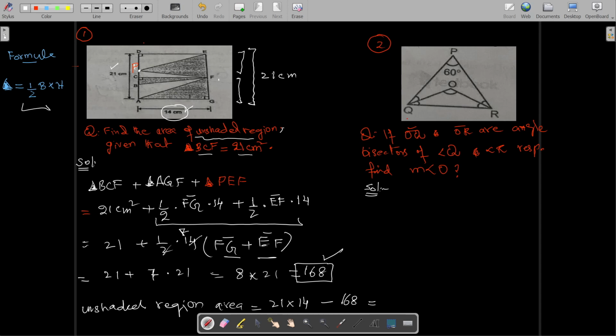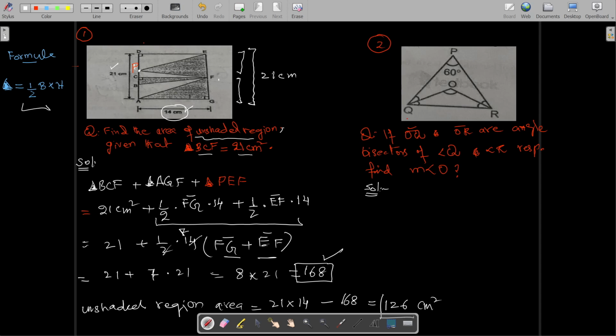If we calculate this, we get 126. Because this is an area, the unit is square centimeters. So the area of the unshaded region is 126 square centimeters.